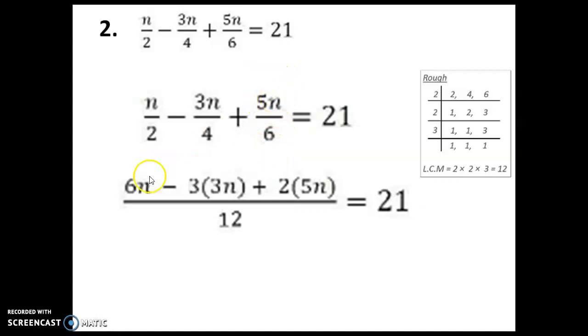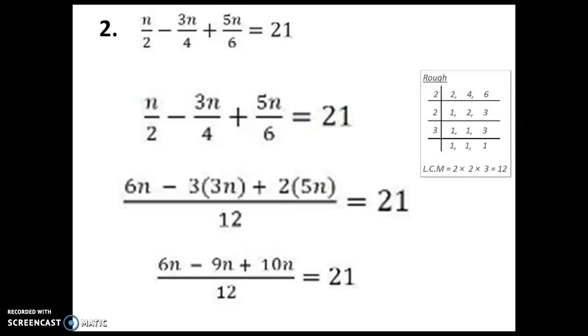That's why (6n minus 3) into (3n plus 2) into 5n, the whole divided by 12 equal to 21. Then next step, we have to remove the brackets. So 3 into 3 is 9n. Then 2 into 5n, so 2 into 5 is 10n.